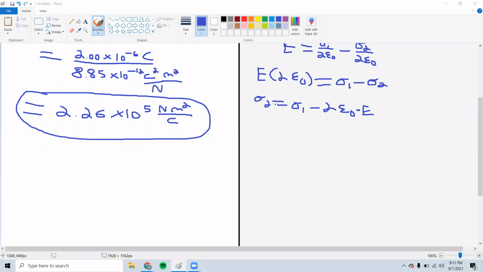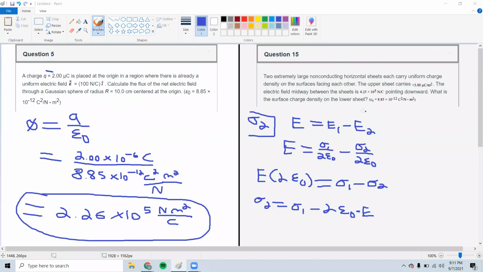Now that we have an equation that directly gives sigma sub 2, we need to find the values of these variables. If we refer back to the question, the upper sheet carries a charge of +5, and the electric field midway between the sheets is 4.25. It's also given that the electric constant is 8.85 times 10 to the power of -12.